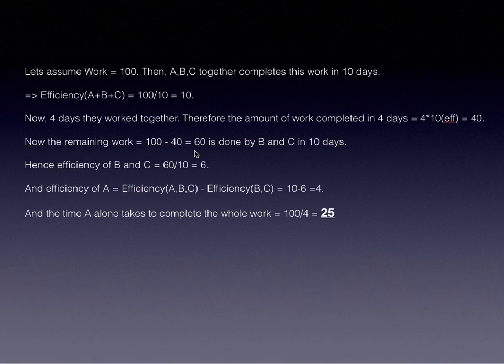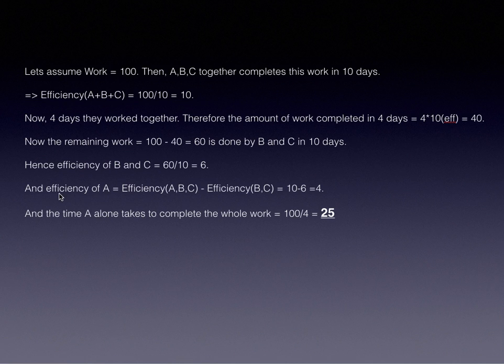Therefore, the efficiency of B and C will be, that is, the work they finished in 10 days is 60. Therefore, the total efficiency of B and C will be 60 by 10, which is equal to 6. Now we have that the total efficiency of A, B and C is 10, and the total efficiency of B and C is 6.